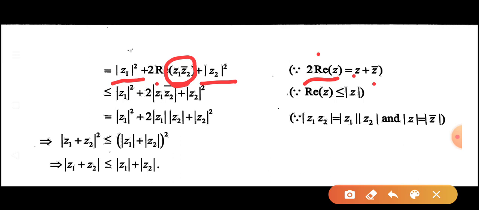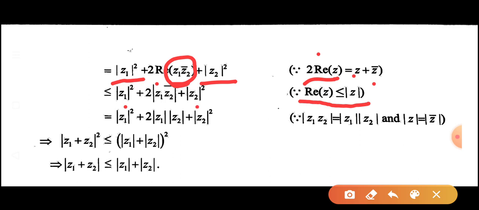The next step: real part of z is less than or equal to modulus z. I already told you this in the properties of the modulus of a complex number. Modulus z1 square and modulus z2 square have no change.